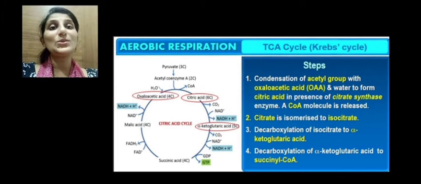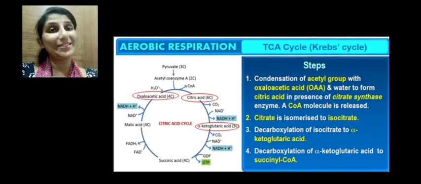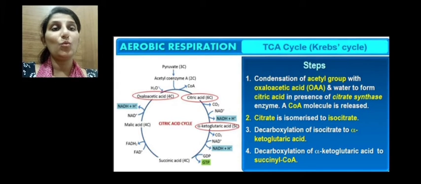It undergoes condensation of the acetyl group of acetyl coenzyme A with oxaloacetic acid. Oxaloacetic acid has 4 carbon atoms and acetyl coenzyme A has 2 carbon atoms. So condensation of the acetyl group takes place with oxaloacetic acid, abbreviated as OAA, and water. In the presence of water, it gets converted to form citric acid.